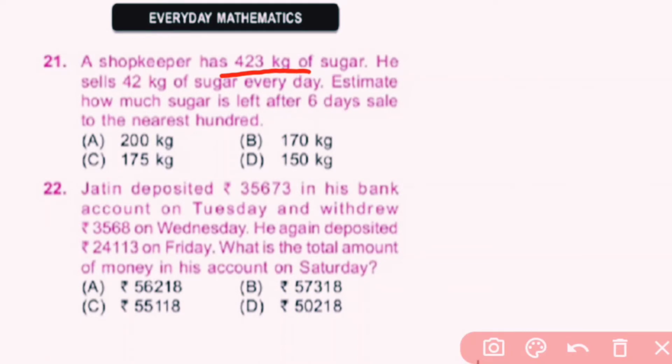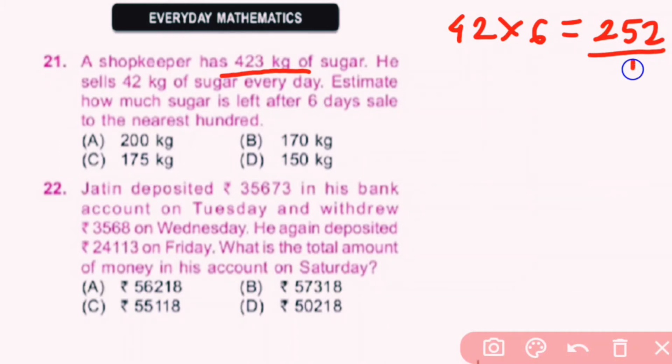So we first need to calculate the quantity of sugar sold in 6 days. One day he sells 42, then for 6 days, 42 into 6 is equal to 252 kg. The quantity of sugar sold in 6 days is 252 kg.